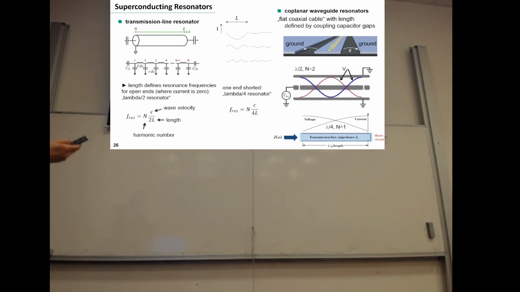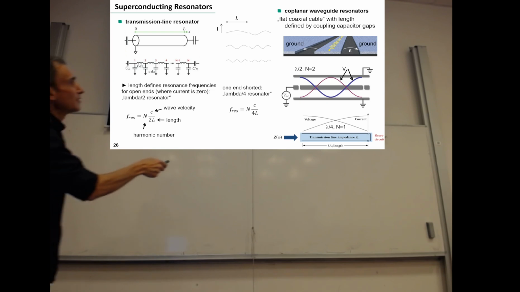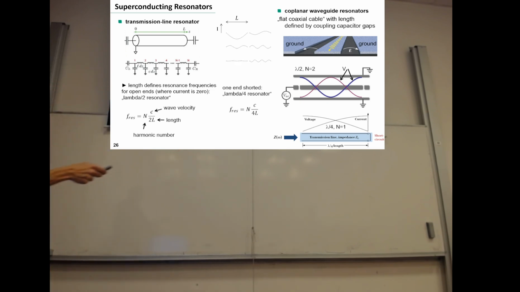Now to make a resonator out of this, you can just define the length of this coax cable using some coupling capacitors, some gaps in the film, and then excite it, for example, here with some AC. And then you would see that a standing wave can be formed when you hit the resonance frequency of this device.